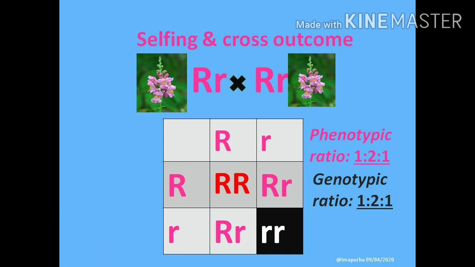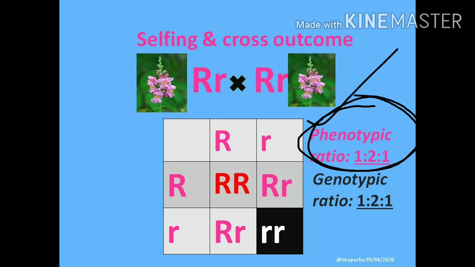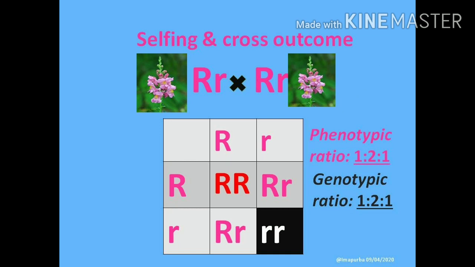But in this case the phenotypic ratio is 1:2:1. If you compare the genotypic ratio in case of incomplete dominance and codominance with the Mendelian monohybrid cross, in both cases it is 1:2:1. So the phenotypic ratio differs, but the genotypic ratio is the same. Now I hope it is clear to you.